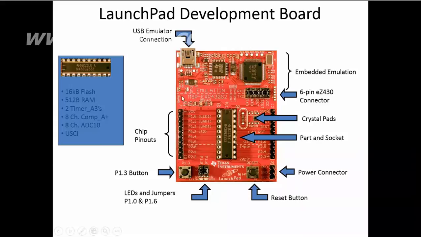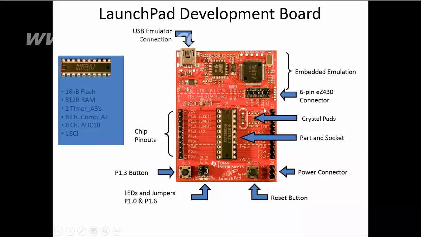SDO and SCL are used for the universal serial interface, which communicates with external devices using the serial peripheral interface, that is SPI, and the inter-integrated circuit, that is the I2C bus. Next we get XIN and XOUT, which are the connections for a crystal.